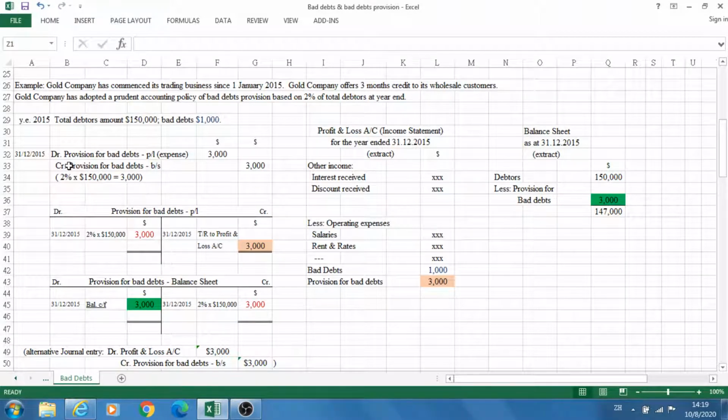The journal entry is debit provision for bad debts profit and loss account $3,000 as expense. Credit provision for bad debts balance sheet account $3,000.